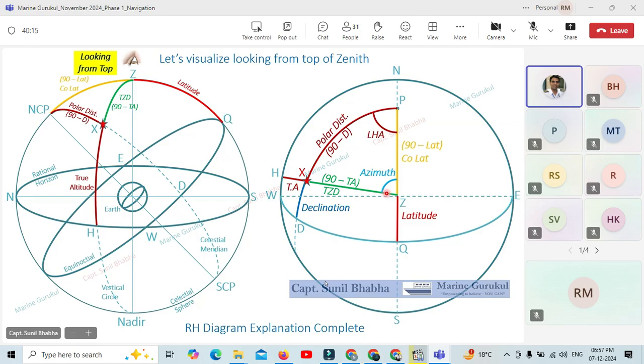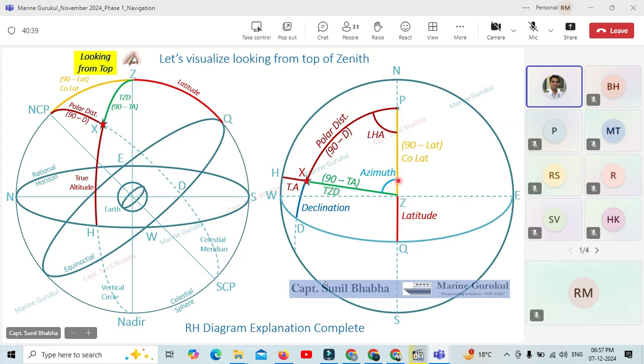Now the concept or fundamental behind these principles of navigation questions based on the rational horizon is that out of these 5 parts, some of the parts are provided to us in the question. The data in the question gives us the value of some of these parts, and the remaining parts are to be calculated.